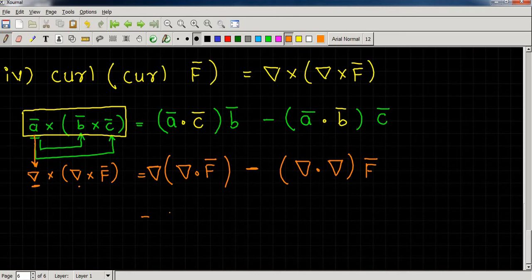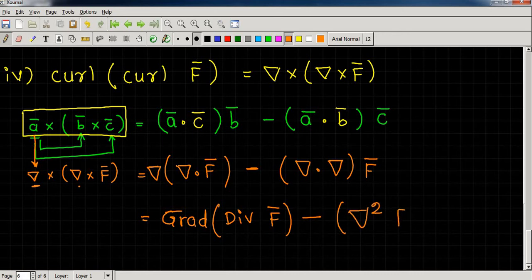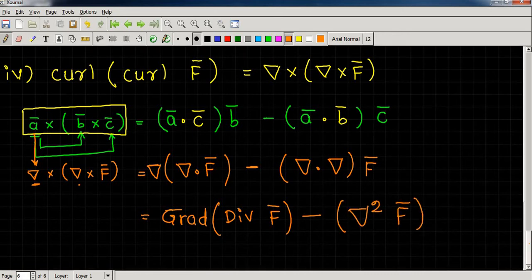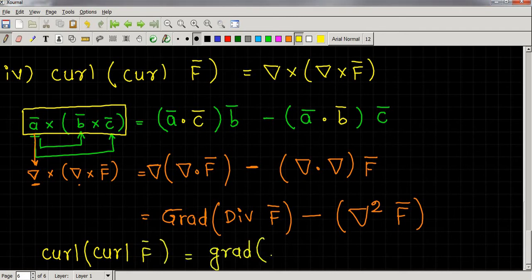We can simplify this as gradient of divergence of f bar minus Laplace of vector function. So curl of curl of f bar is nothing but gradient of divergence of f bar minus Laplace of f bar.